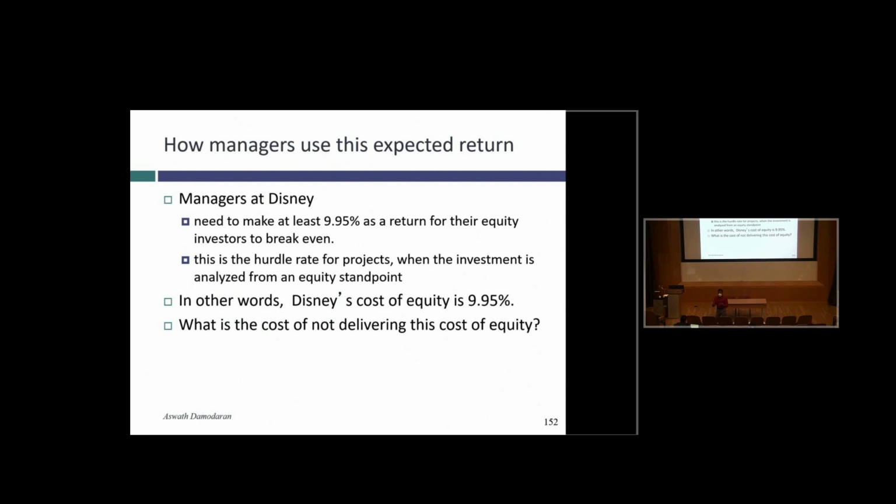What this long-winded story is trying to bring across is we talked all that time about corporate governance. Where does the power lie? It sounded like an abstraction, but for this 9.95% to be viewed as the cost of equity, managers have to be scared enough about what will happen if they don't deliver price appreciation. If they're not, guess what they're going to do? They're going to view equity as essentially a cheap or even a free resource.